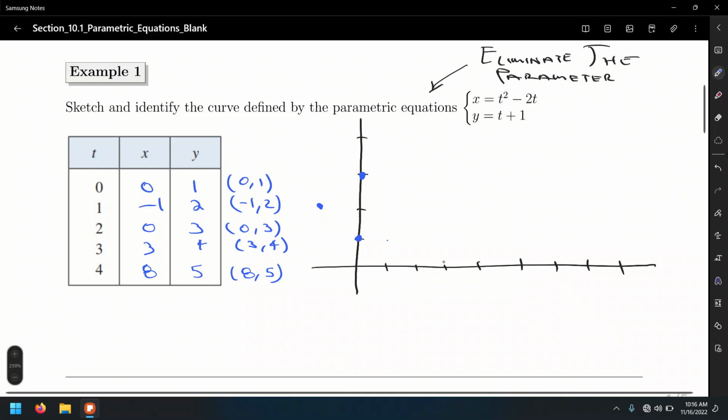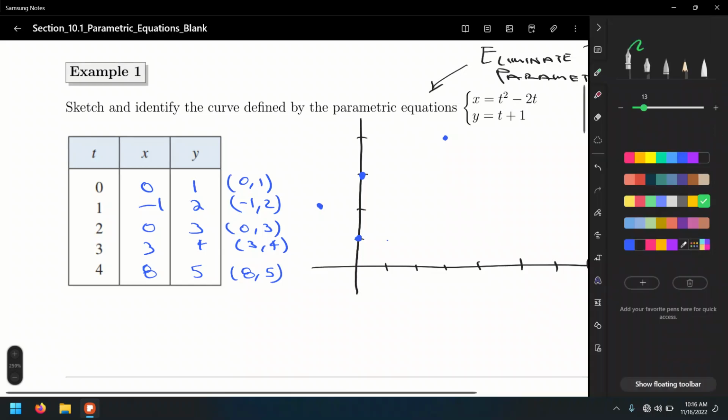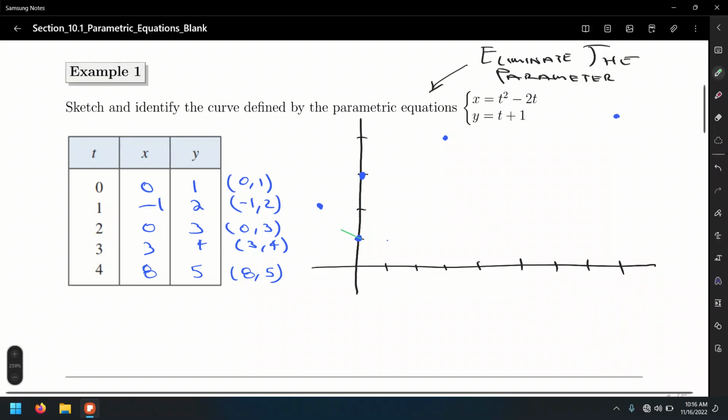Yes, 3, comma 4, so that's 1, 2, 3, 4, and the point 8, comma 5, so that's 3, 4, 5, 6, 7, 8. So it's going to look like this. And let's connect the dots. And it's going to look sort of like a sideways parabola here, all right?